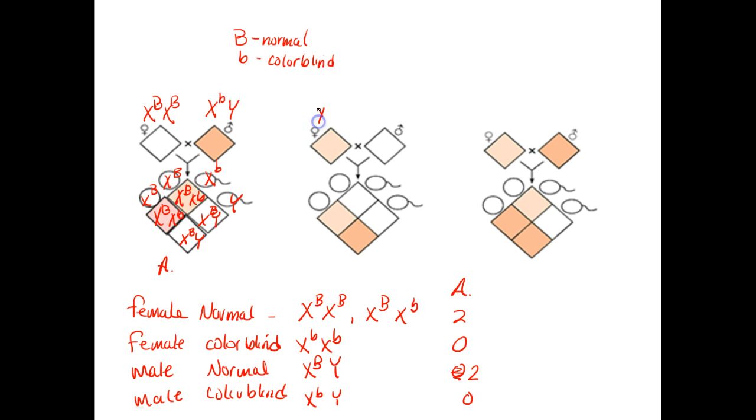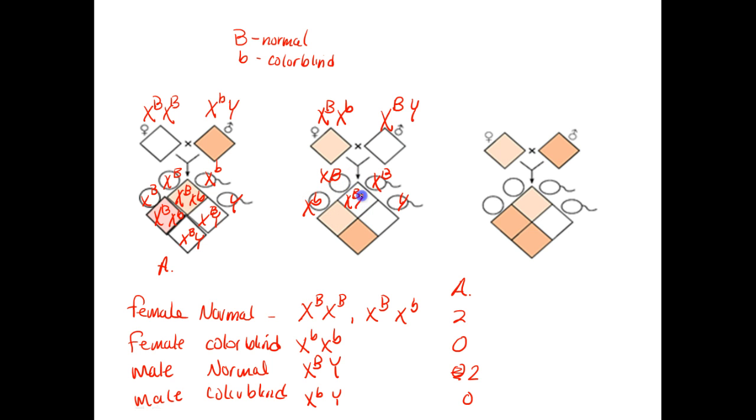Now what happens if the female is a carrier and the father is normal? In this case, we'll set up our Punnett square like this.